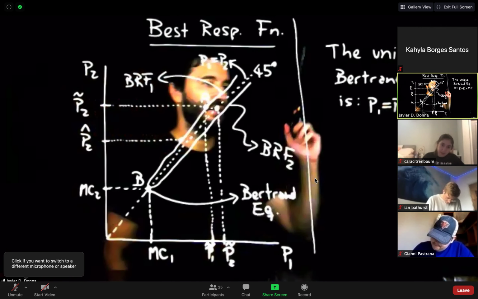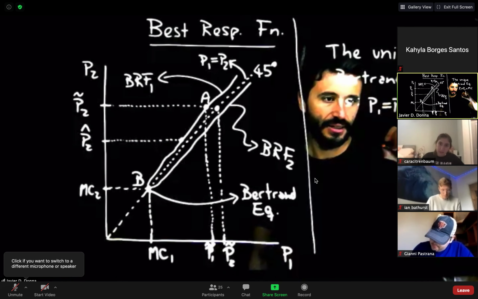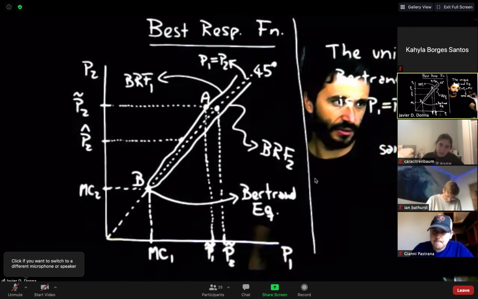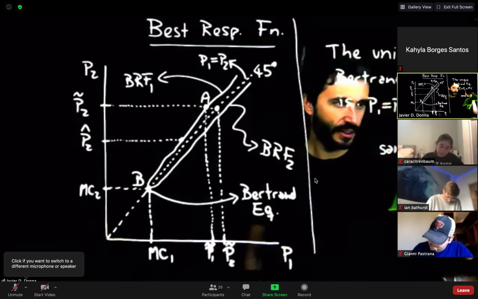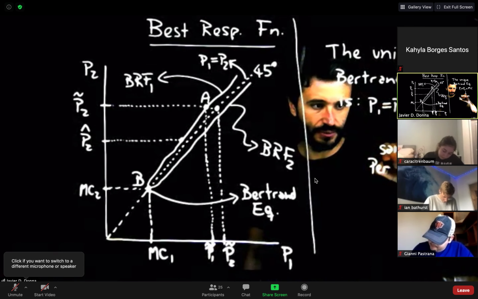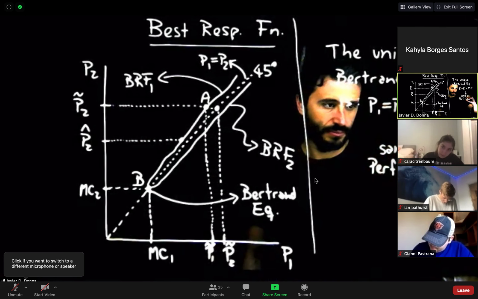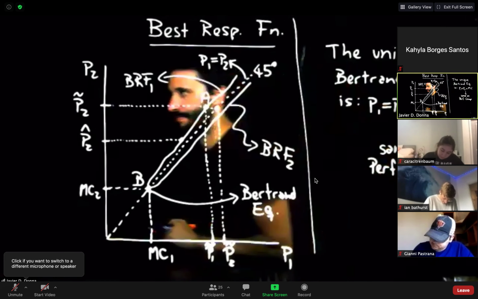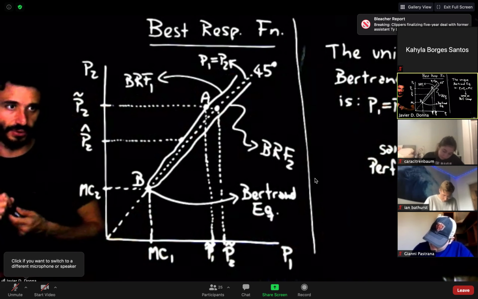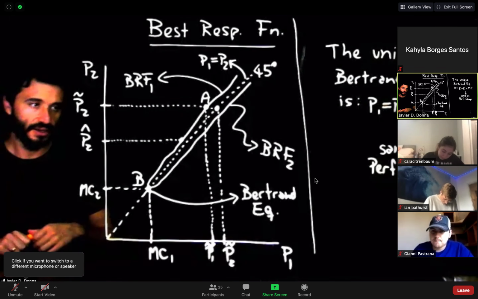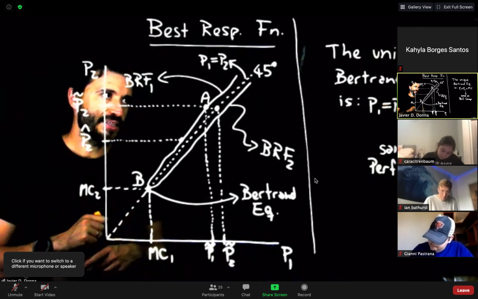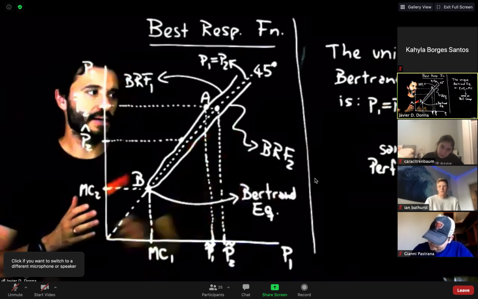And this is obviously the same as the perfectly competitive outcome. Same as perfect competition. So we get that the equilibrium in the Bertrand model, the unique equilibrium. So the only thing that we can expect from this model, if we believe in this notion of Nash equilibrium, is pricing at the marginal cost, which is the same as perfect competition.